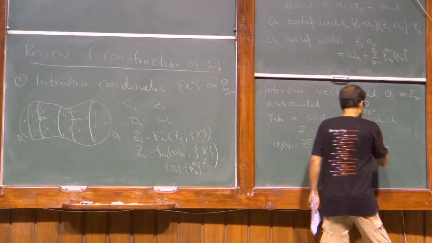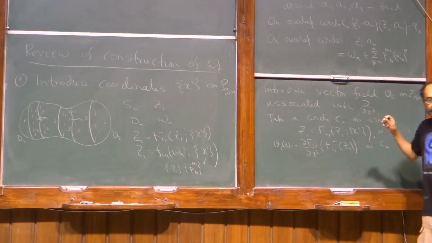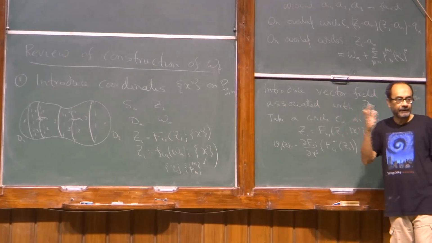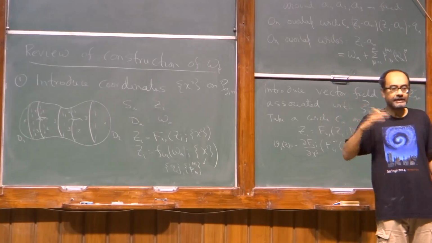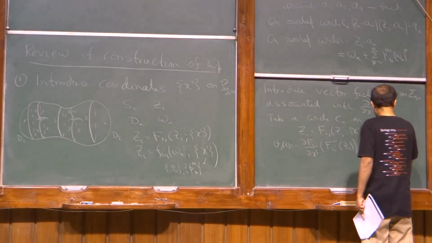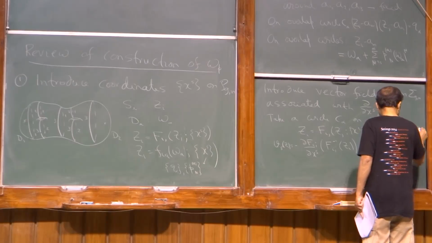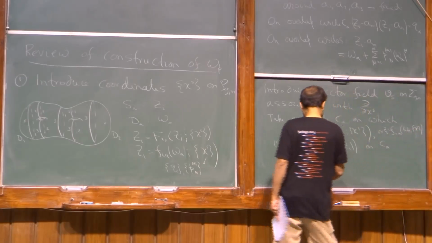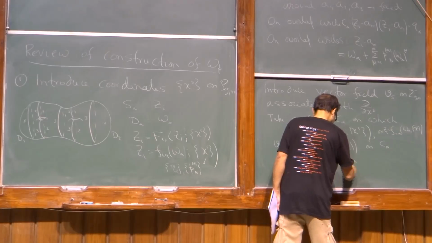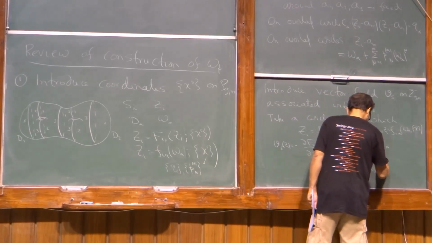Now it could also be that this particular circle is an overlap circle between a Z_i and a W_A. Because among the various circles, some are overlaps between two Z's, and some are overlaps between Z's and W's. So we can also have Z_i equal to F_iA of W_A and x_s. In the first case it's this; in the second case it's minus del F_iA del x_s F inverse ij.